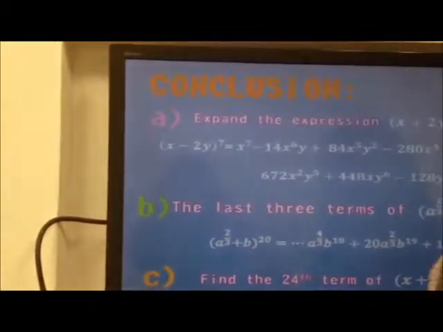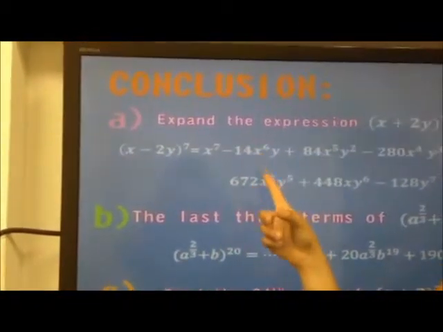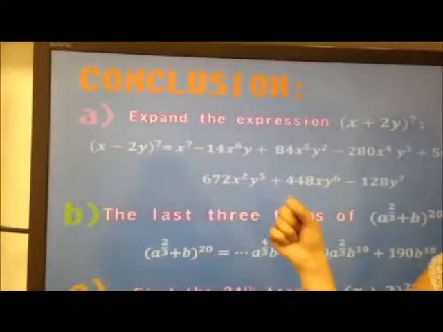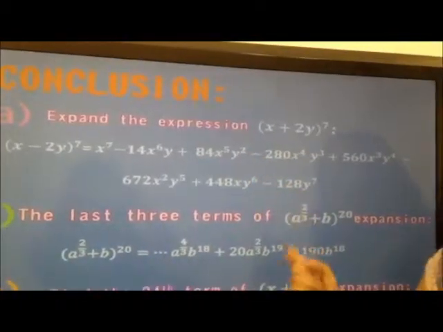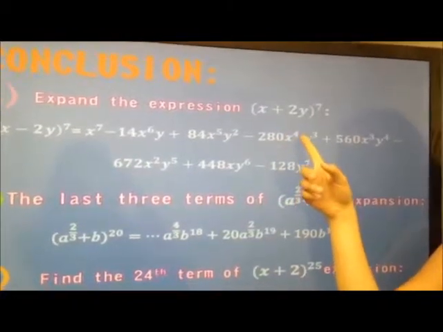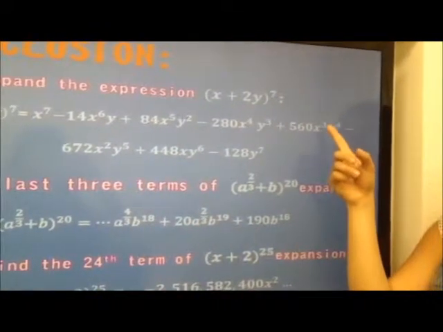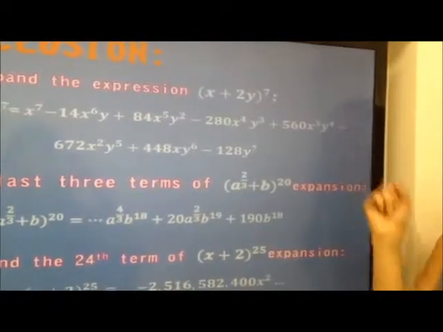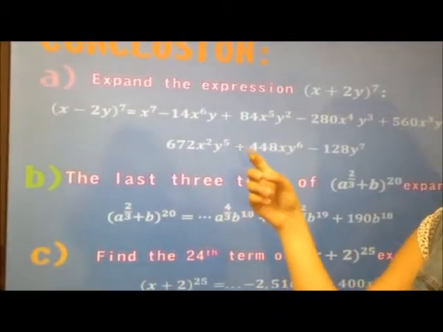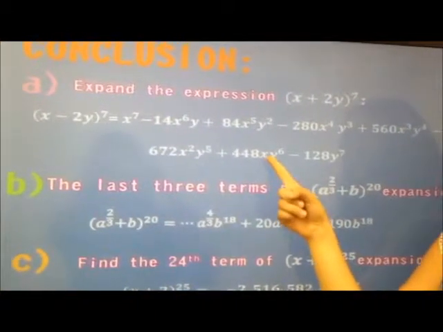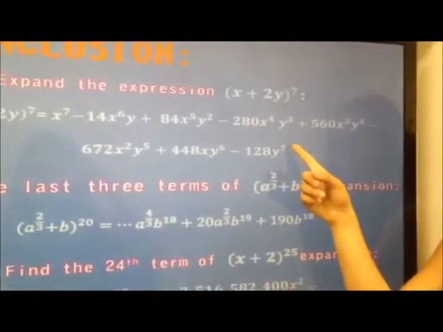And our answer of this expansion is going to be x to the 7th degree minus 14 times x to the 6th degree times y plus 84 times x to the 5th degree times y squared minus 280 times x to the 4th degree times y cubed plus 560 times x cubed times y to the 4th degree minus 672 times x squared times y to the 5th degree plus 448 times x times y to the 6th degree minus 128 times y to the 7th degree.